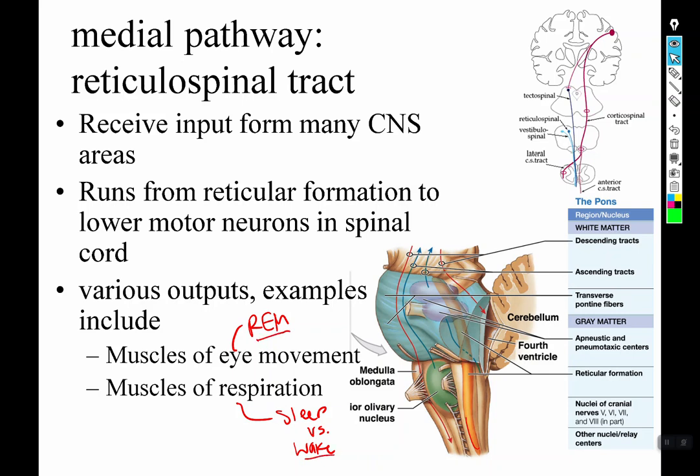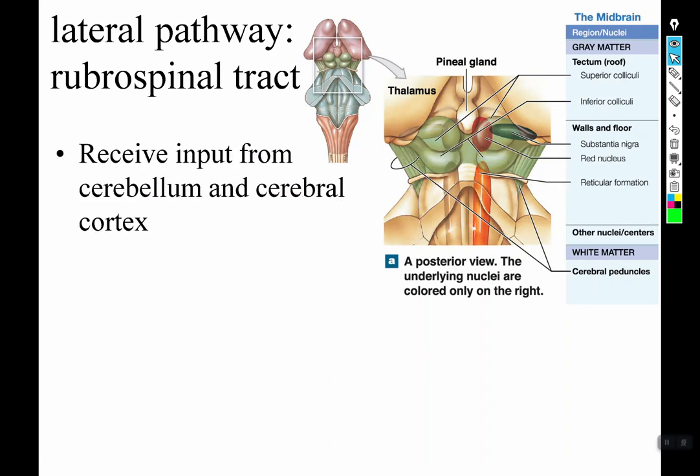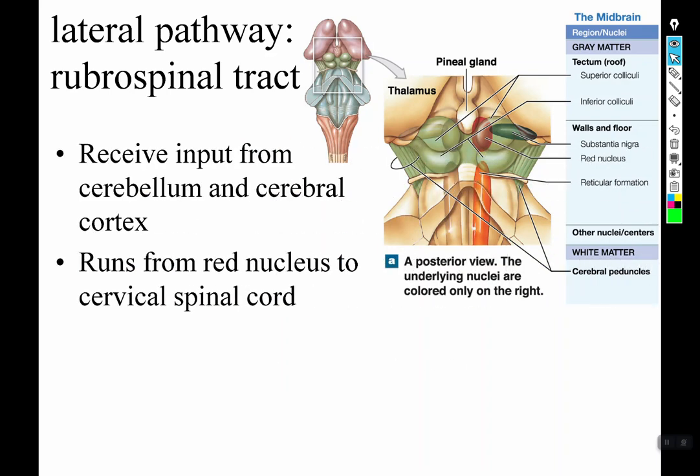All right, so I mentioned rubro earlier, and it meant red for the red nucleus. Now we're at that point. So the red nucleus is right next to the substantia nigra in the midbrain. The substantia nigra is, of course, black because it means black substance, and the red nucleus is actually red. It looks red.